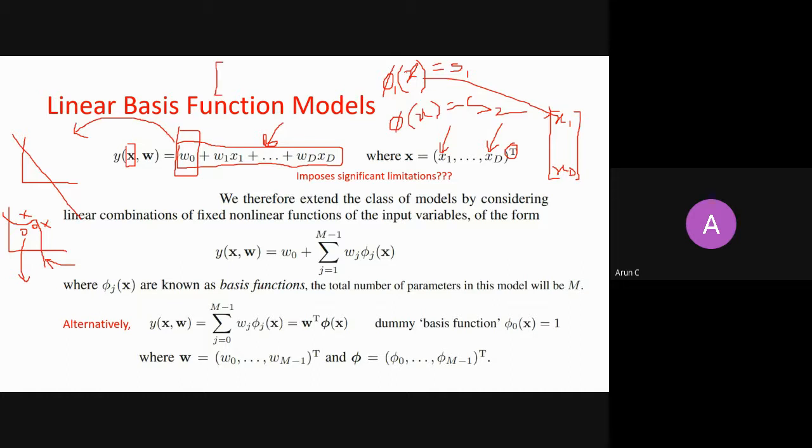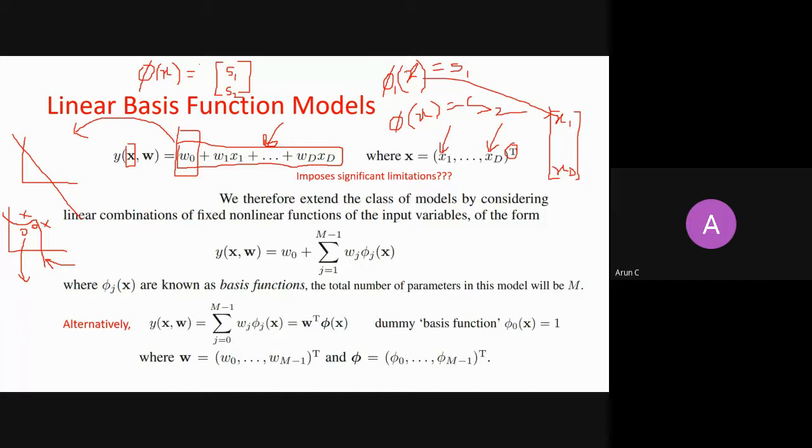So if you put this s1, s2 in vector form, s1 and s2, what you have done is used a basis function, which is nothing but a vector of functions. You feed this x to this vector of functions. Why am I saying it is a vector function?